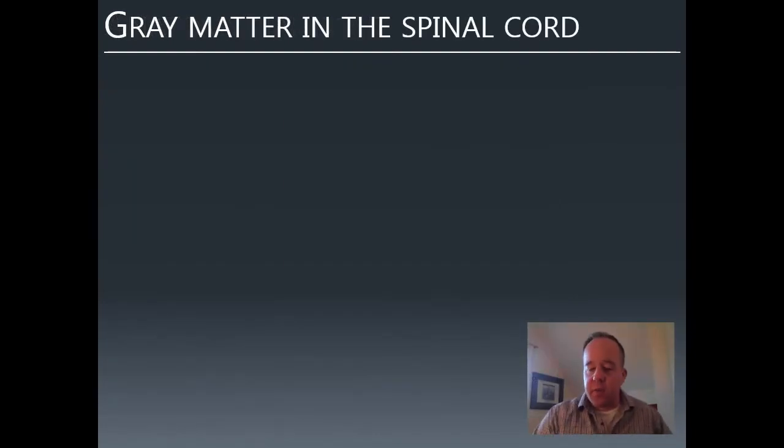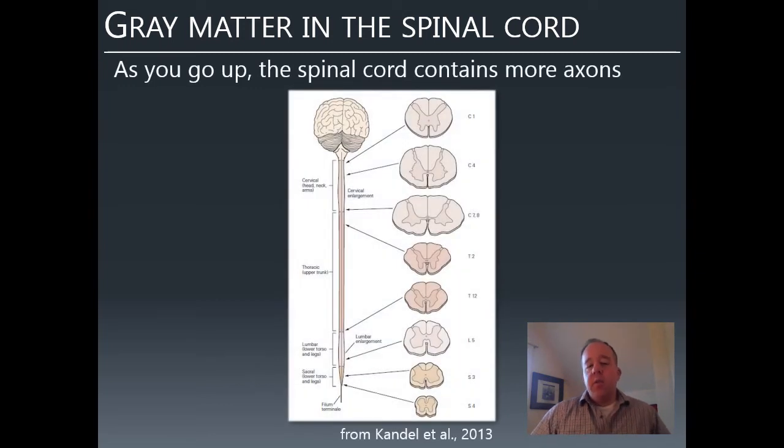Okay, going back to the spinal cord. If you look at the spinal cord, if you slice it up near the top, up near the brain, you'll notice that it is mostly white matter. If you look at the very bottom, down near the hips, it's mostly gray matter. So as you go up, the spinal cord contains more and more white matter.